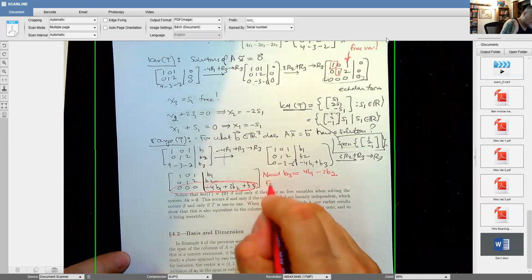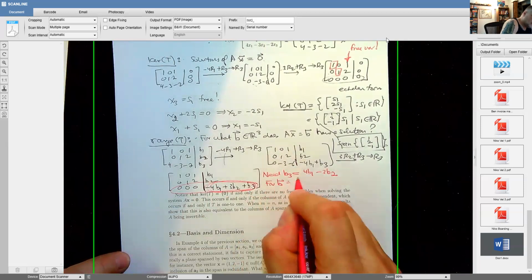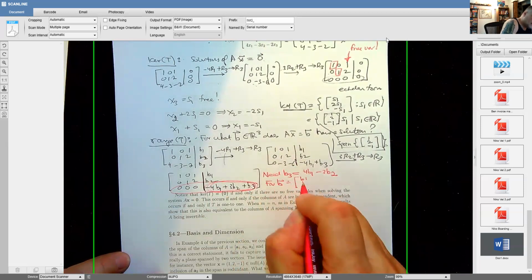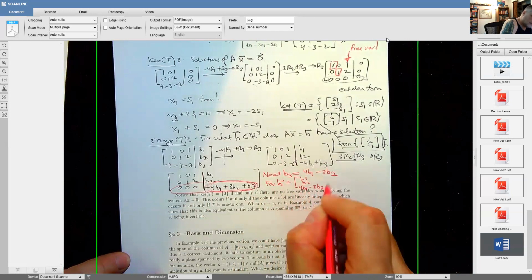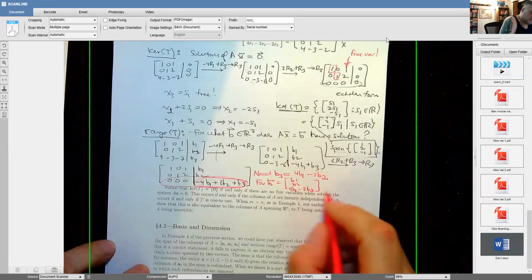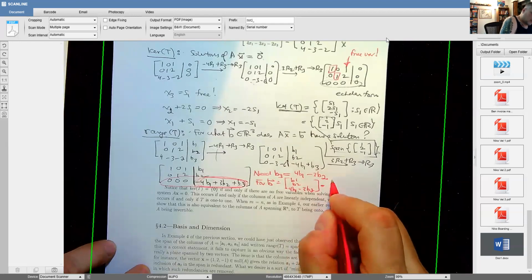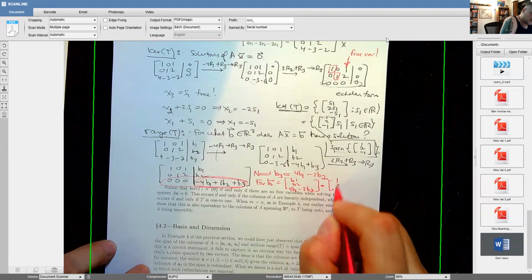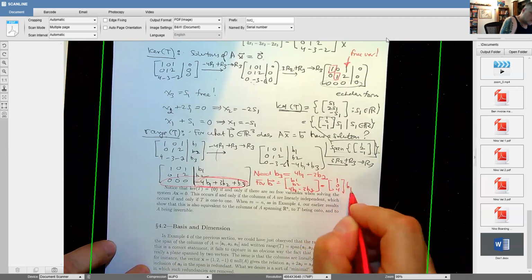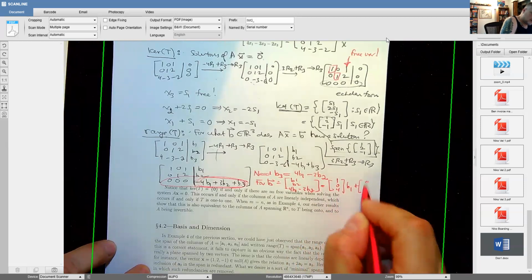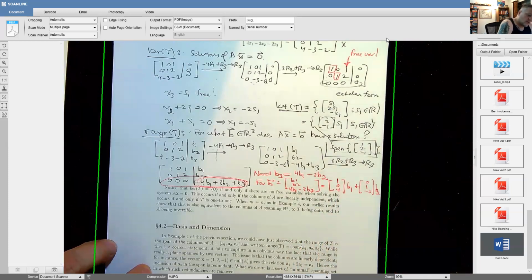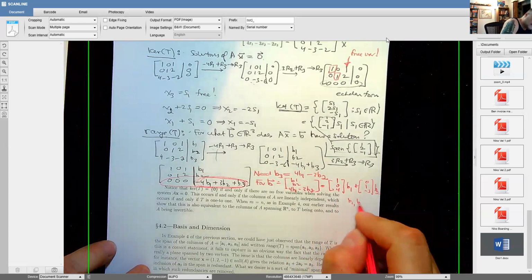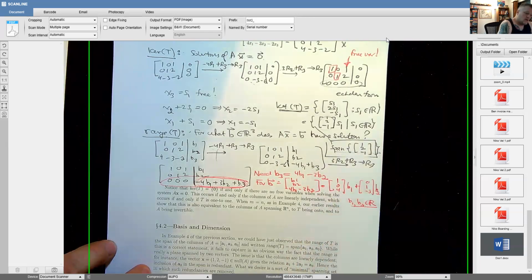So for B equal to B1, B2, 4B1 minus 3B2, right? Or if you want to write this out, pull the B1s together. So 1, 0, 4 times B1 plus 0, 1, -3 times B2, for B1 and B2 in R, right?